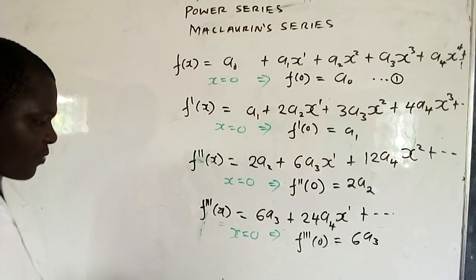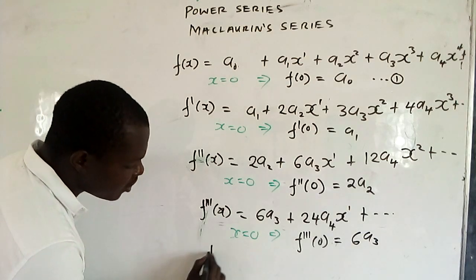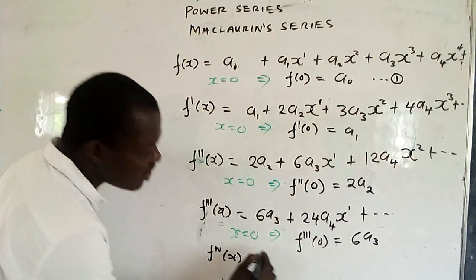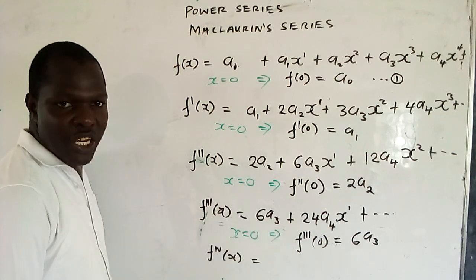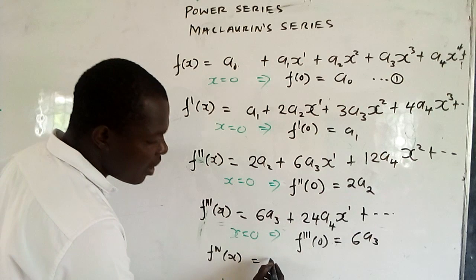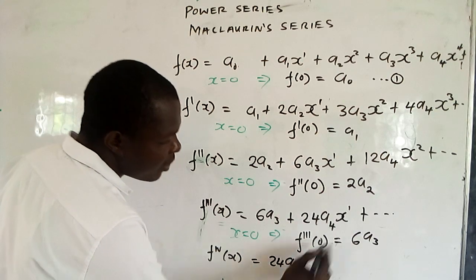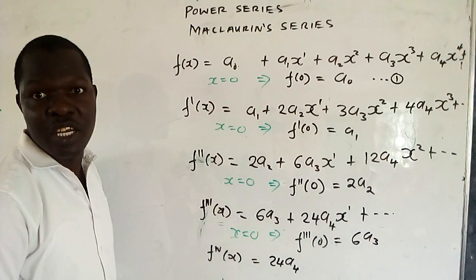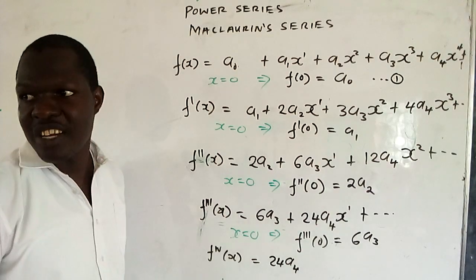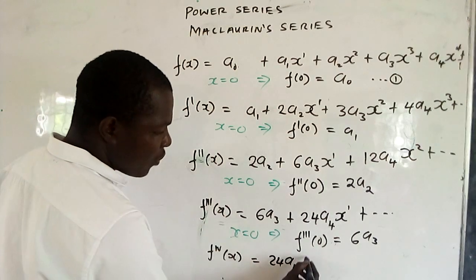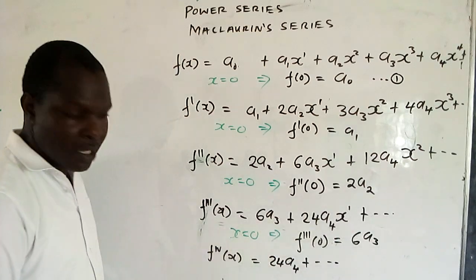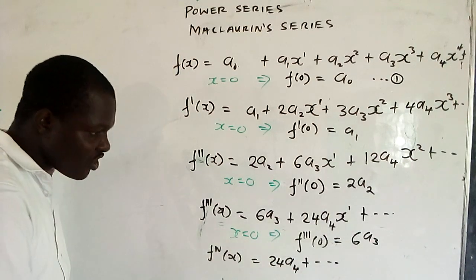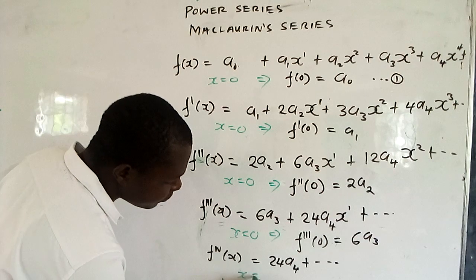When you do the process for the fourth time, f raised to power 4 of x, if you differentiate for the fourth time, see this goes to 0. Then this one is 24a₄, you remain with x raised to power 0 because it is 1 times 24a₄, which is a constant, isn't it? Then you reduce the power by 1, x raised to power 0 is 1. So there plus until the end. So you move again, when x is 0, what do you get?